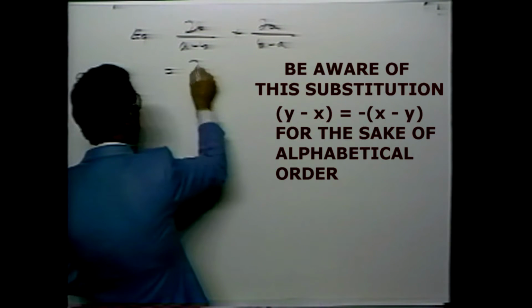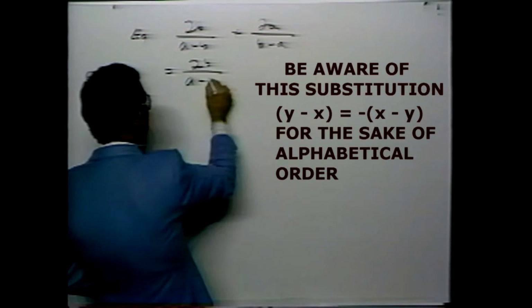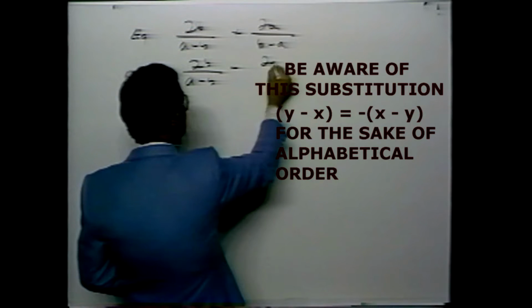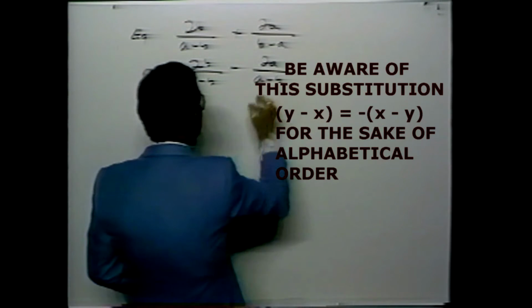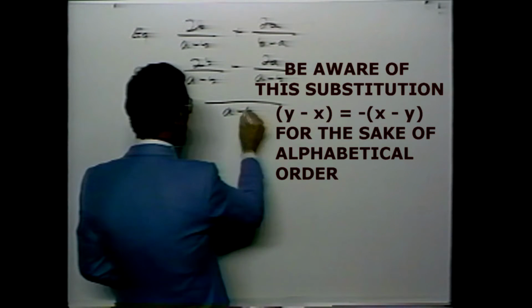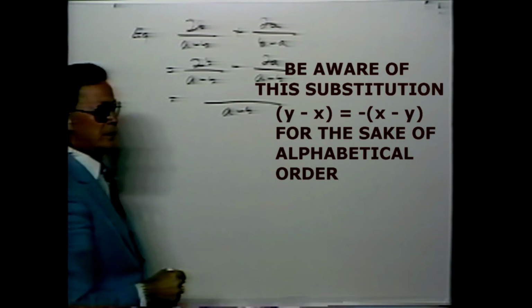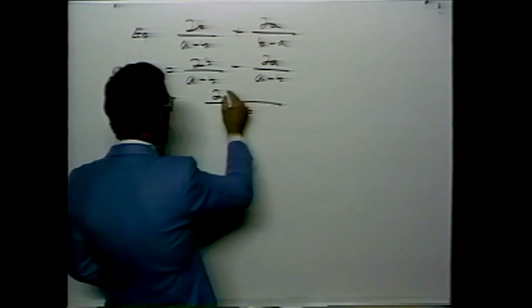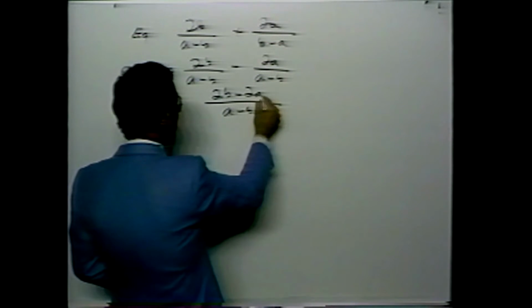So we will write 2b over a minus b, subtract 2a over a minus b. Since the denominators are the same for these two fractions, we'll write the denominator once since they both share the same. We end up then with 2b minus 2a.